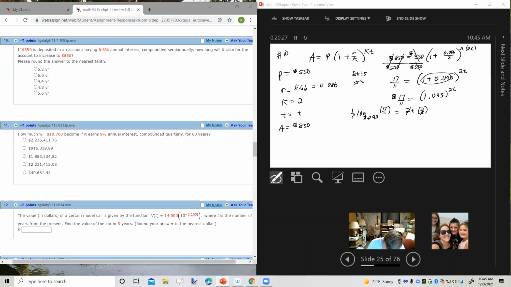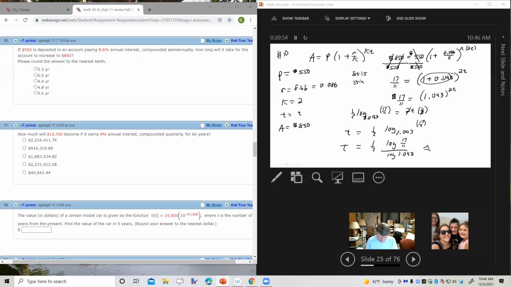So I'm going to get t equals 1/2 the log base 1.043 of 17/11. Using the change of base formula, 1/2 times the log of 17/11 over the log of 1.043.